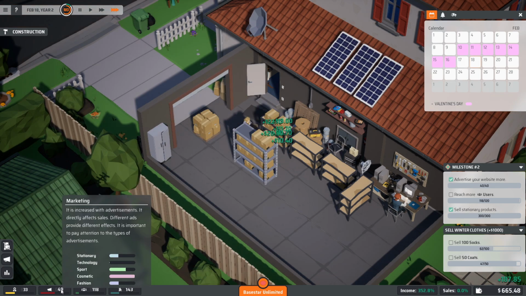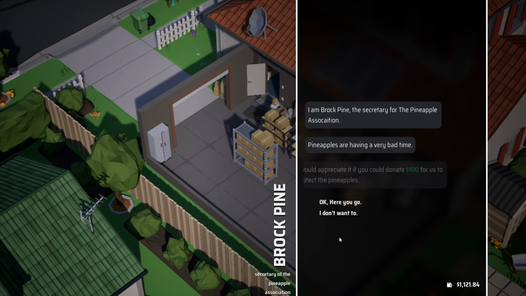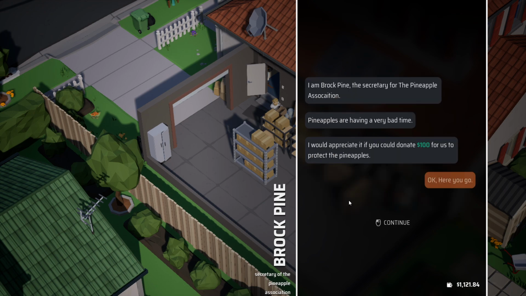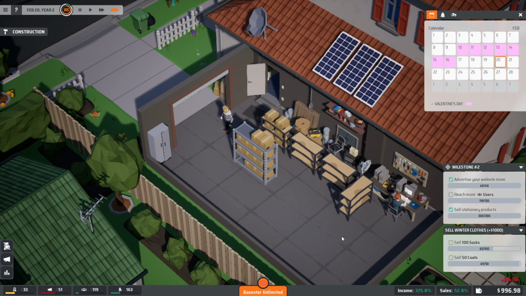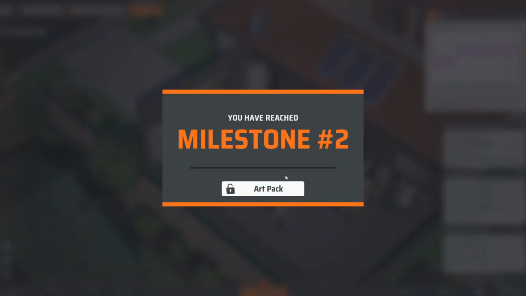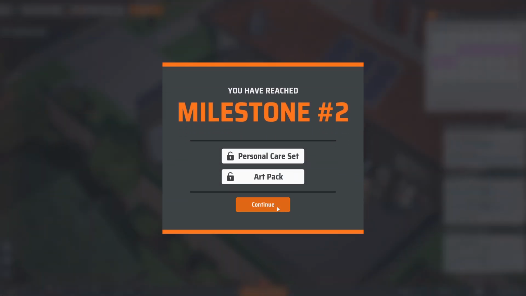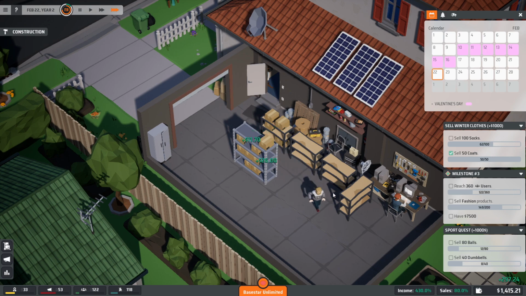That can keep most things off. Okay. Get 100 for pineapples. Personal care set and art pack.